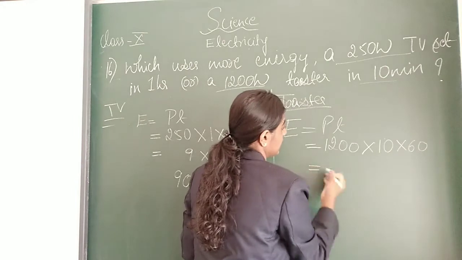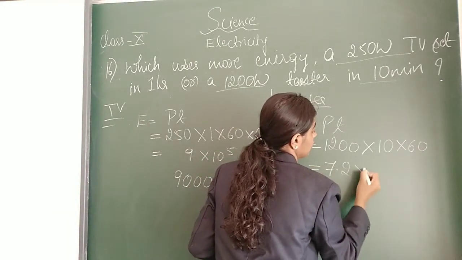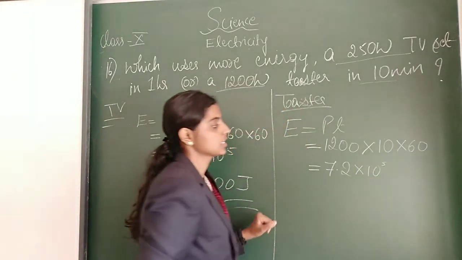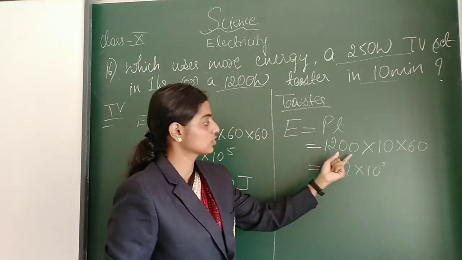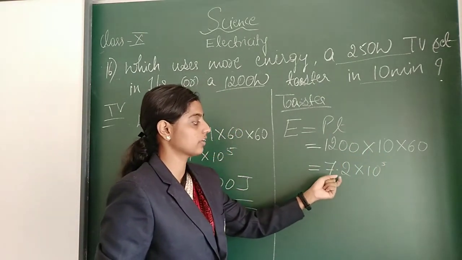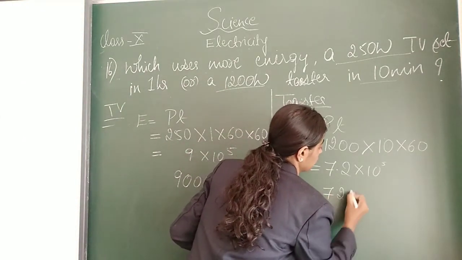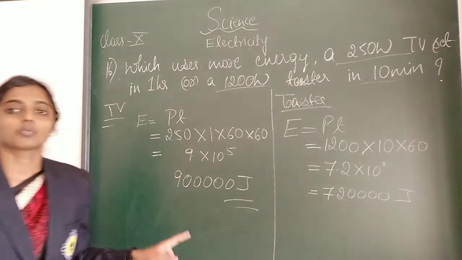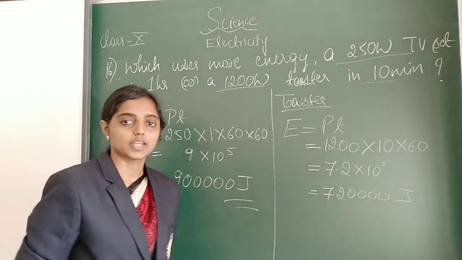Now calculate and see, we will get 7.2 into 10 to the power 5. 10 into 60, that is 600 seconds. We should multiply with power, hence we will get 7.2 into 10 to the power 5 joules. Now we got both the answers, that is energy used by both the appliances, right?